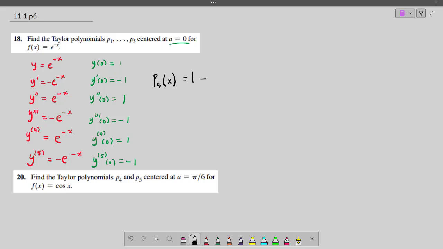Now the center is 0, so we just have an x minus 0. We'll just write it as x. So 1 minus x raised to the 1st power. And then we're going to go plus 1. Now this is the 2nd order term, so we're going to have to divide by 2, or more generally 2 factorial. And then it's going to be x minus 0, which we'll just write as x, squared.